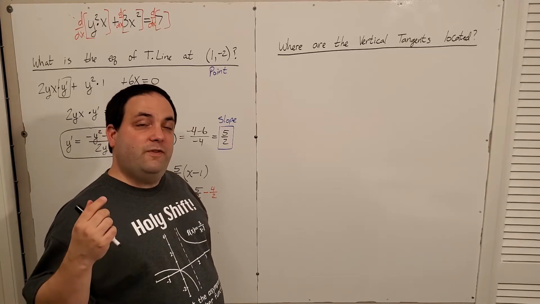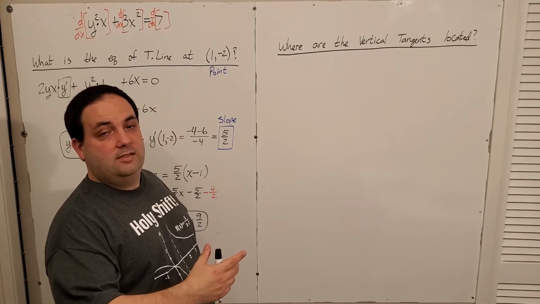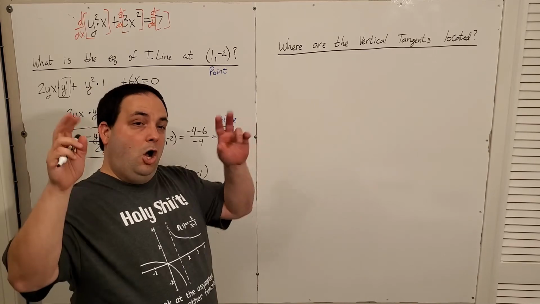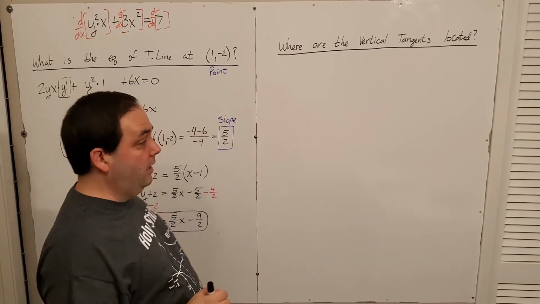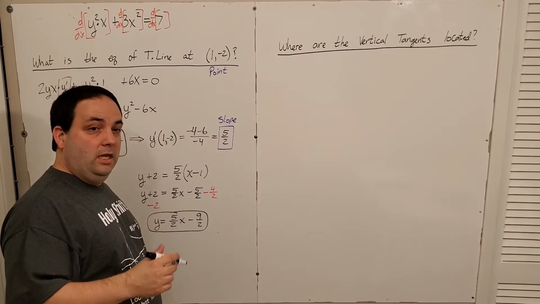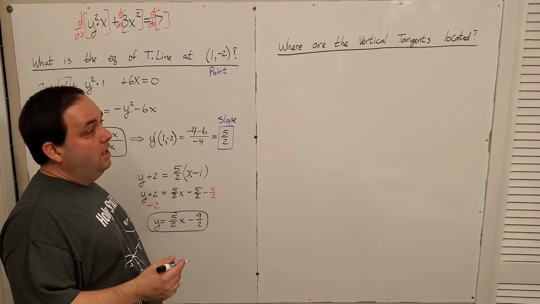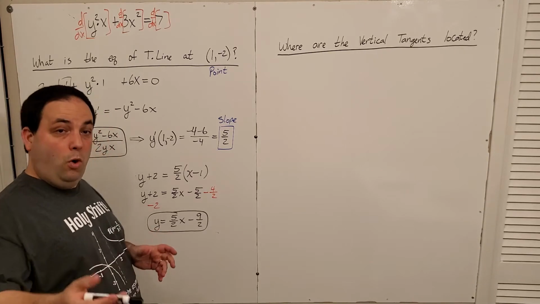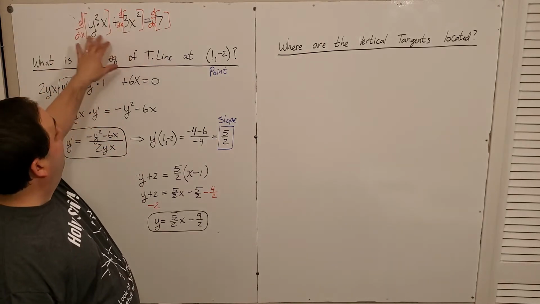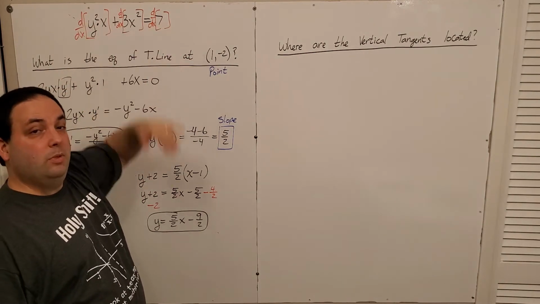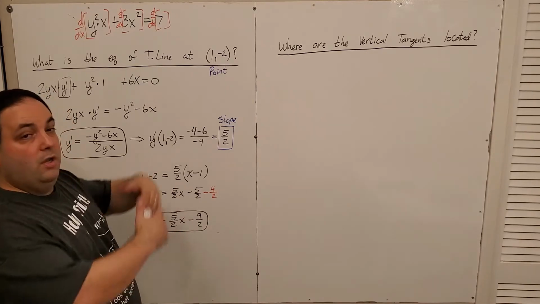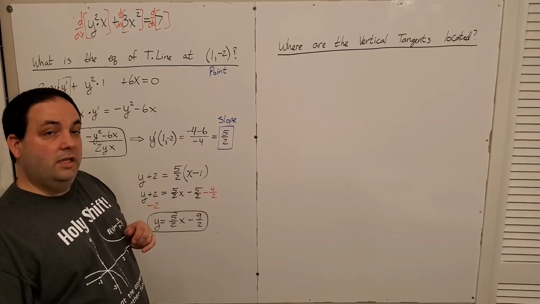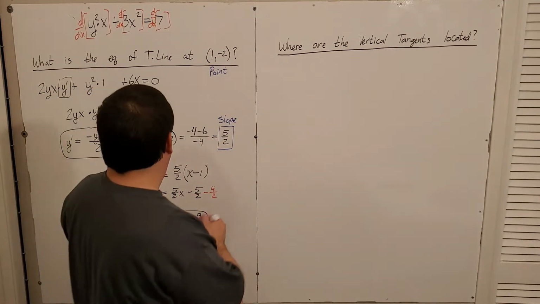First, I'm going to just find all of the places that the derivative would be undefined, or at least in a blatant way undefined. Of course, the derivative is not going to be defined anywhere the domain doesn't work. And if you were to actually solve for y here, you would see that there's actually a couple of domain restrictions. But this will be enough for us to find vertical tangents.